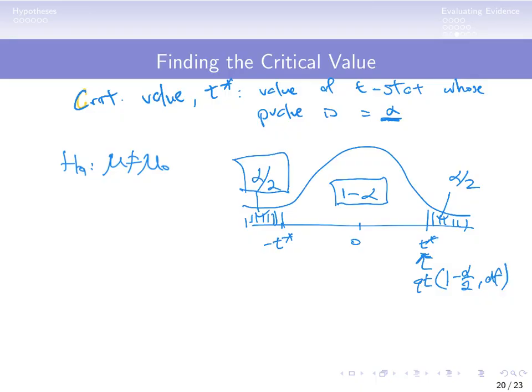So you realize it's a bit of a reversal of the process. If your test statistic is equal to this t star, then its p-value will be exactly equal to alpha. And if it's larger than t star, so let's say your test statistic is over here, then the shaded areas will be less than alpha and we'll reject the null. That's what I mean by these being ideas that are linked with one another.